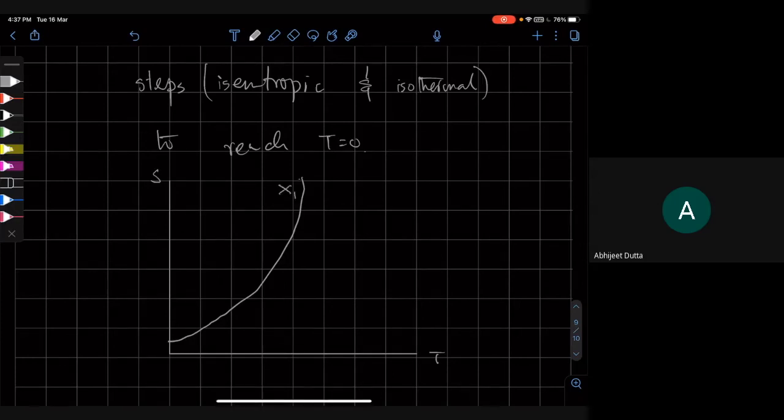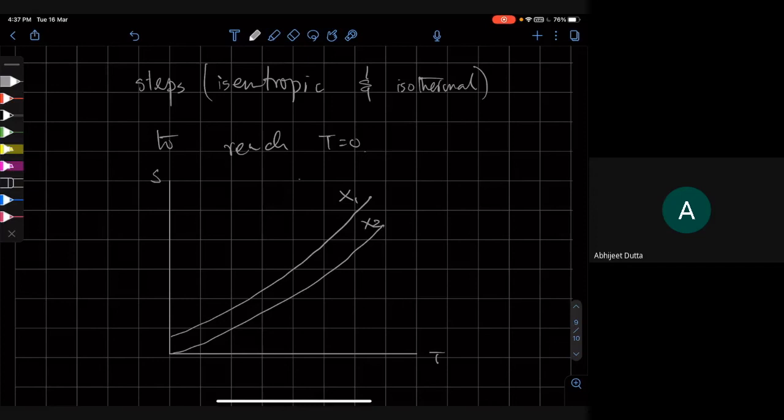This is not realistic, it shouldn't go up so sharply, it should be more like this. So this is some x1 value, and this is the x2 value of the same parameter.